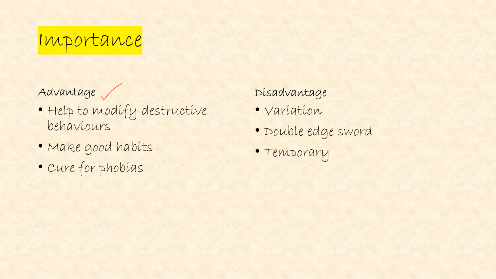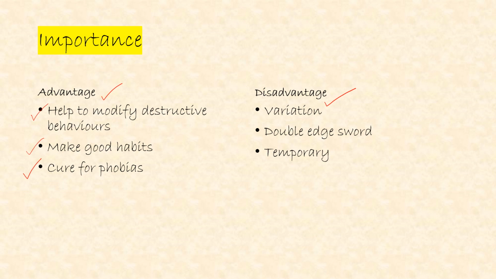This is the advantage of classical conditioning, and this is the disadvantage of classical conditioning. Number one, it helps to modify destructive behavior. Number two, it can help you to make good habits. And number three, it can cure your phobia.